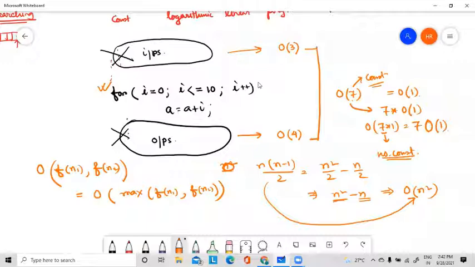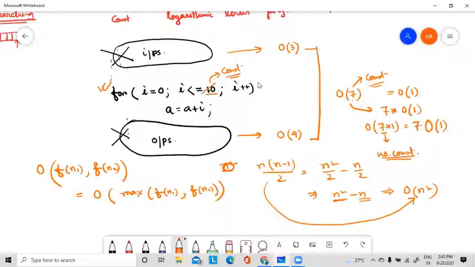So these are some properties of any time complexity, the representation of big O notation. So you have to remember this. Now see, these two are constant. But here, if this one is i less than equal to 10, then again it becomes constant, because we can calculate how many times this loop will run.